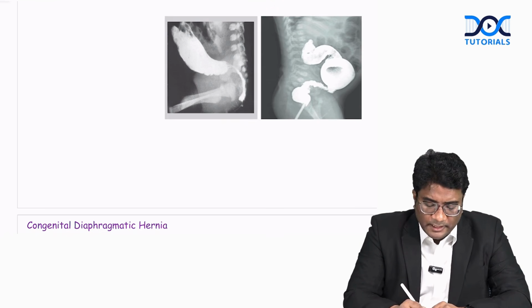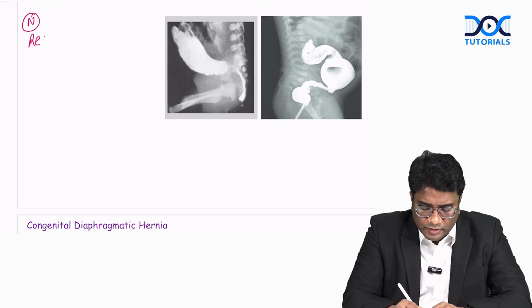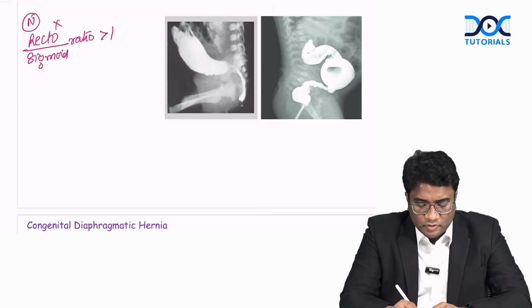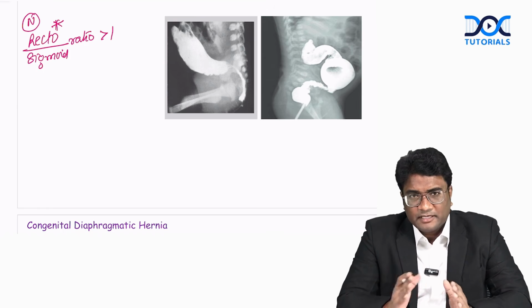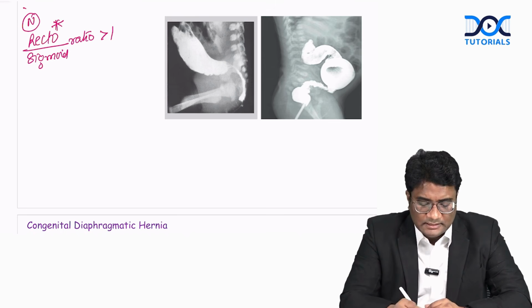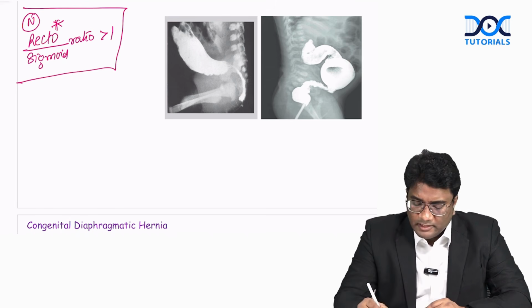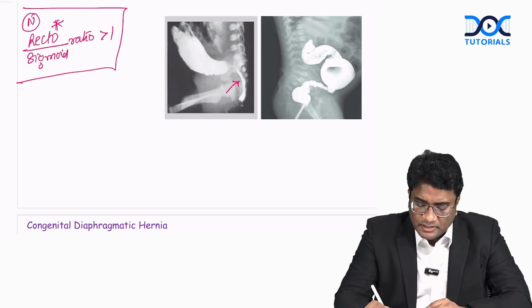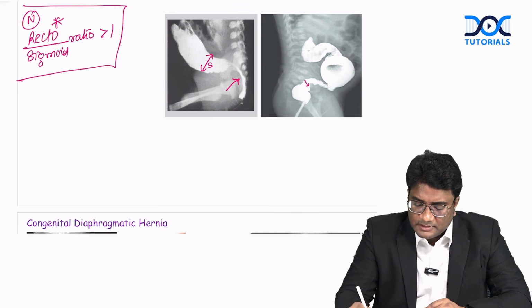And remember, normally the rectosigmoid ratio should be more than 1. The diameter of the rectum should be more compared to the sigmoid colon. This is normal. But look here on these images, the rectum is constricted, the sigmoid colon diameter is more compared to the rectum. The rectum is constricted, the sigmoid colon is dilated.